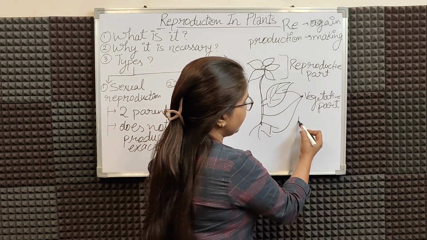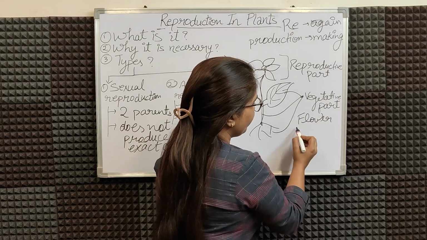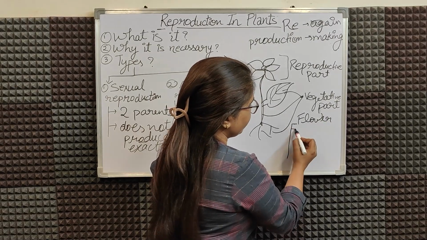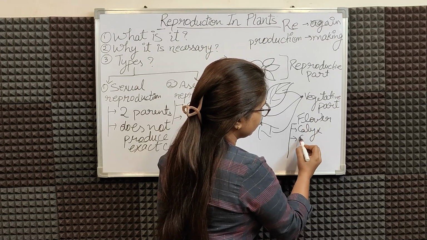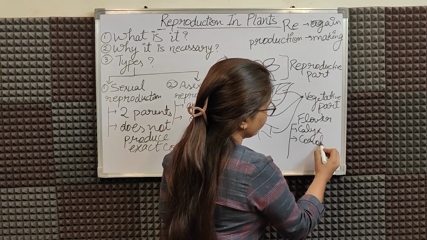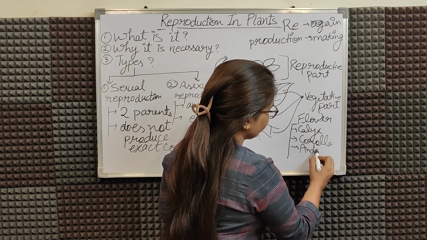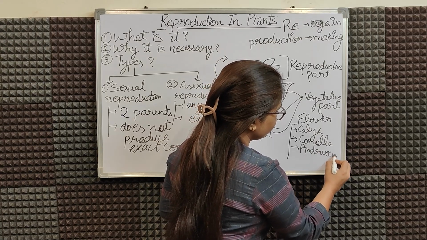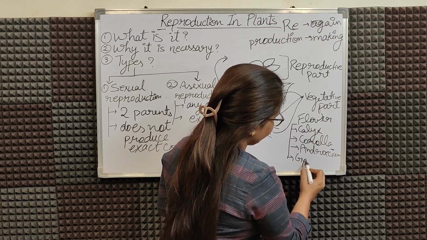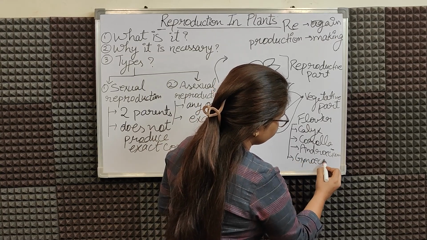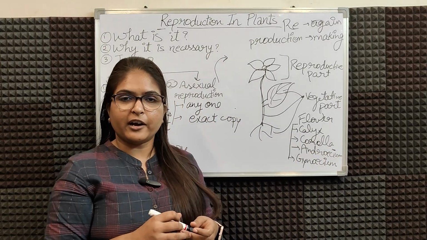So a flower has four parts. The first one is calyx, corolla, androecium and gynoecium. These are the four parts of a flower.